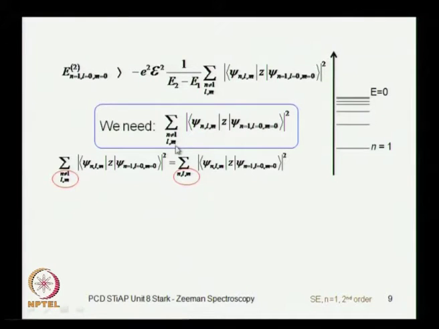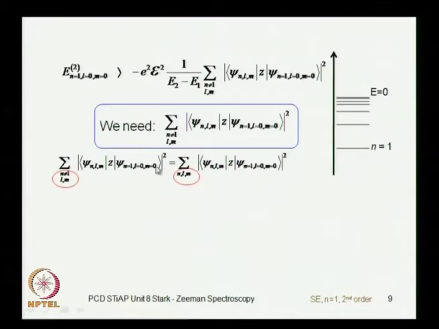So, we can extend this summation, which was from n not equal to 1 to infinity, to include n equal to 1 to infinity. So, we need not restrict n not equal to 1 anymore, because what it is adding to the total sum is only a 0.